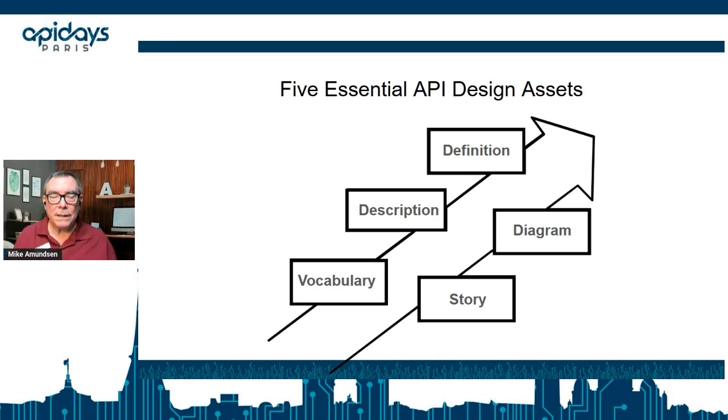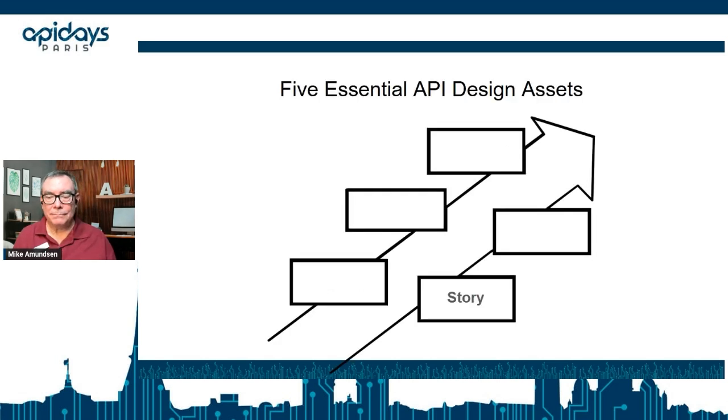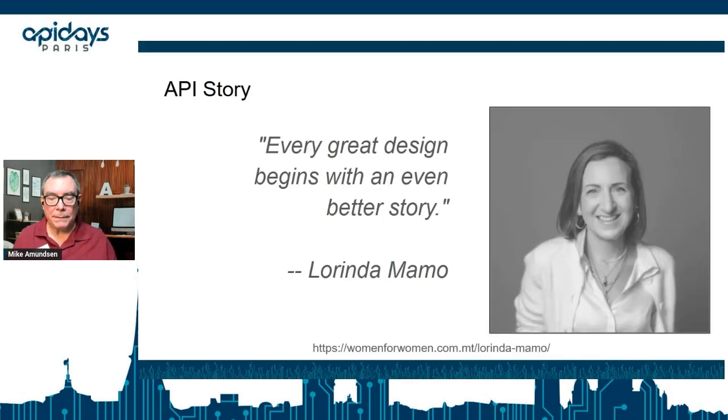And we'll look at each one of these in turn and explore what they mean and why I think it's important that every API have these assets handy. So with that in mind as an introduction, let's go.